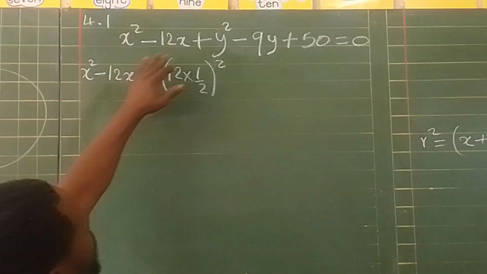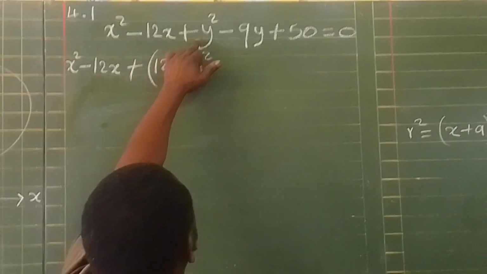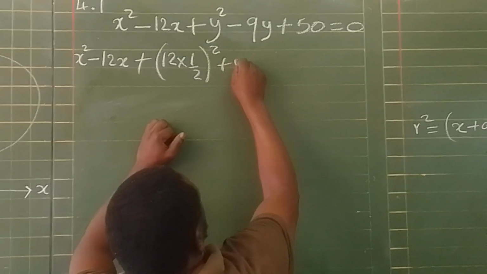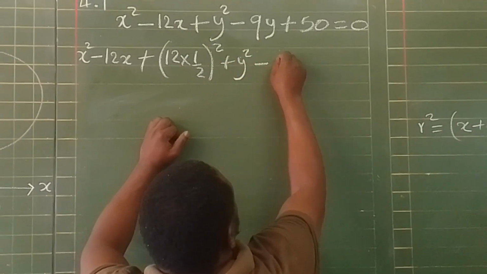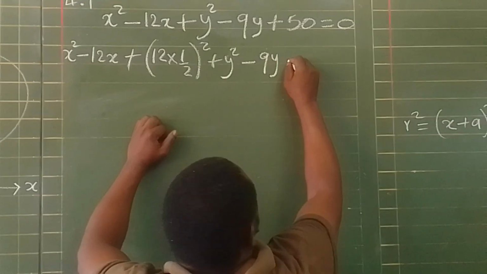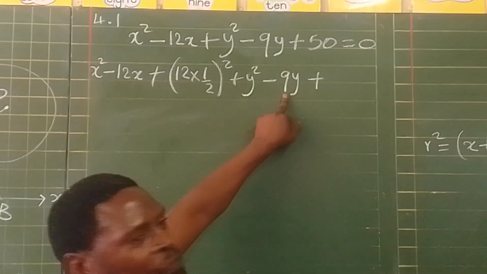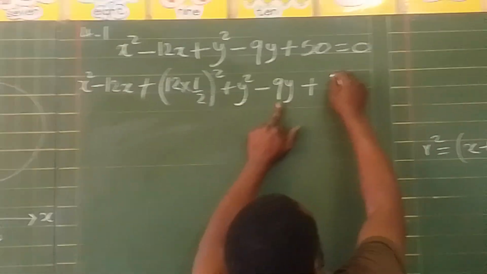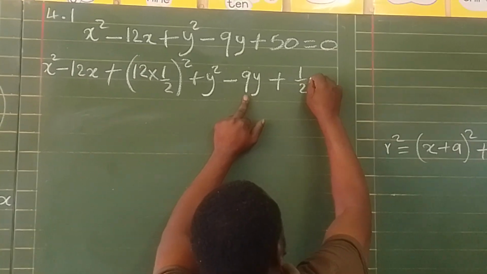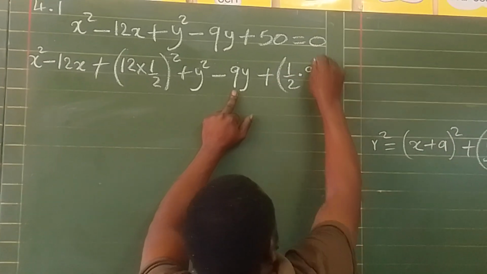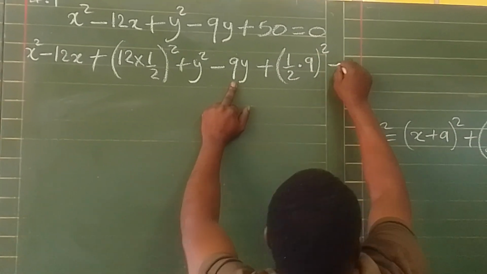Then plus y squared minus 9y plus, you take the coefficient of y, multiply it by half, and square it, equals.